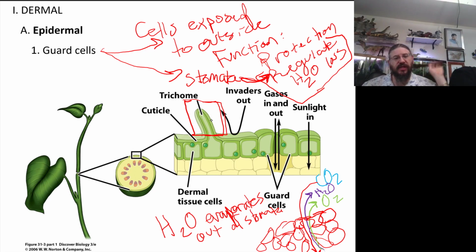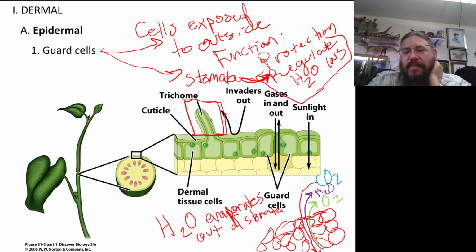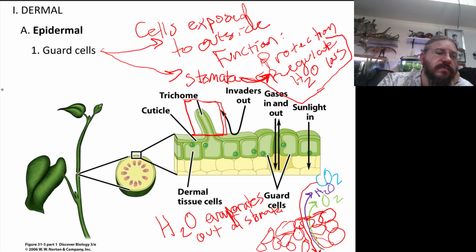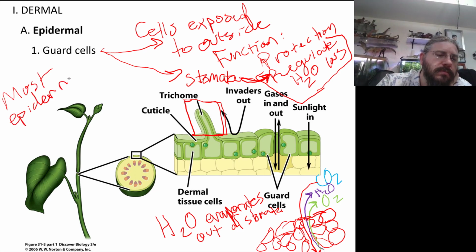Most epidermal cells don't have chloroplasts. However, that's not true for all of them.